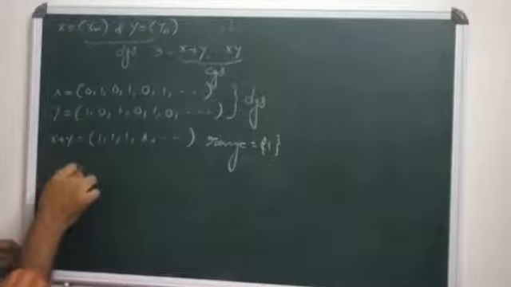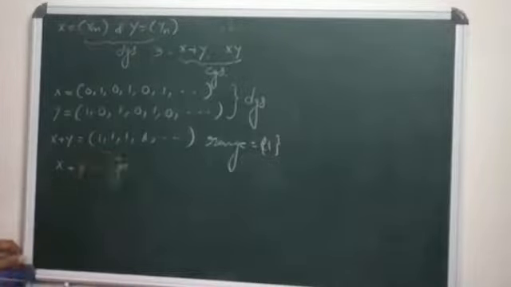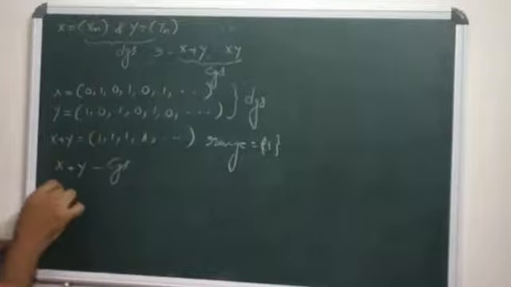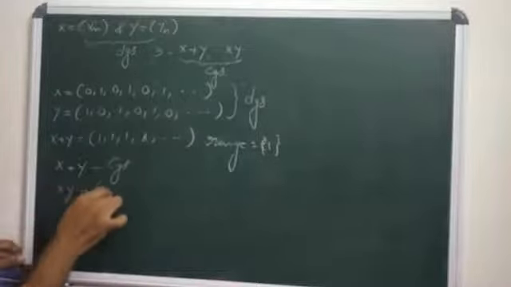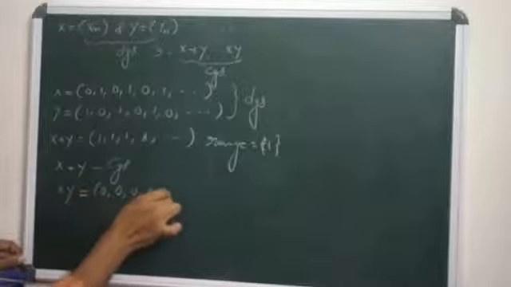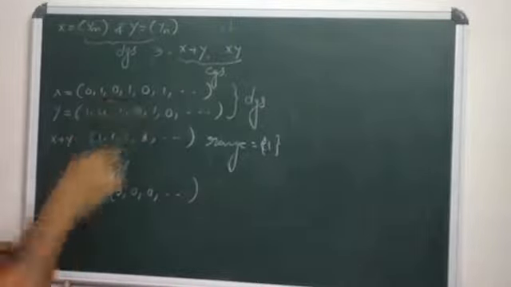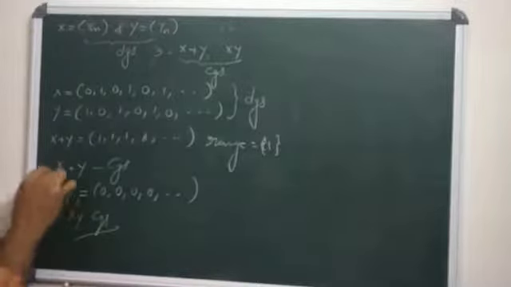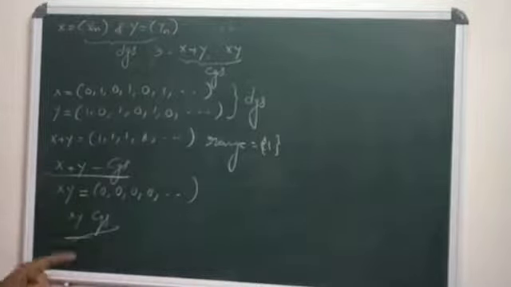Clearly this x plus y converges, even though x and y diverge. What is xy? xy is again 0, 0, 0, 0, etc. Again this xy also converges. Here x plus y and xy converge even though x and y diverge. So this is an example for that. Clear?